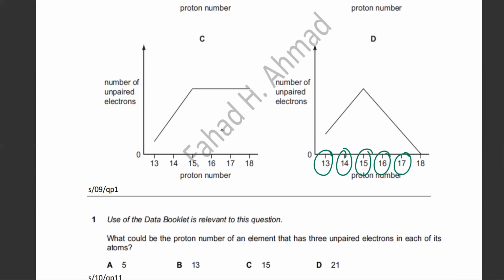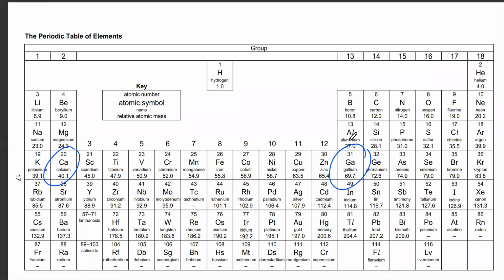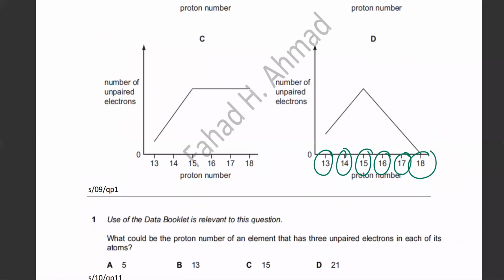Instead of writing the whole electronic configuration, I'll just relate it with the group number. So 13 electrons is basically aluminium, in group 13, 14 is in group 14, and the one with 18 electrons is in group 18.